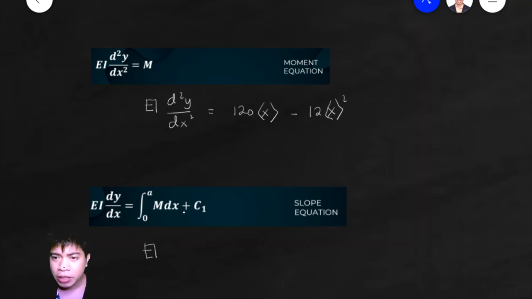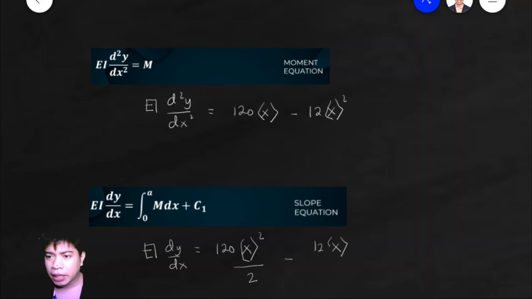Then integral of d squared y over dx squared, that will be dy over dx, okay, is equals to integral of 120x will be 120, then x, then squared over 2. Okay, integration man tayo guys, okay. So power formula lang yan, minus integral of 12x squared will be 12, ayun, x, then cube divided by 3.